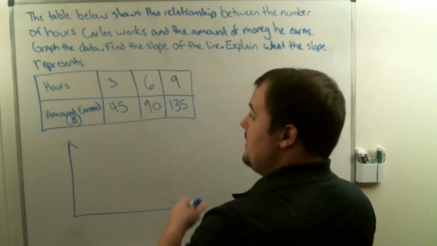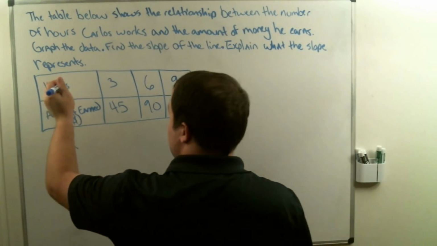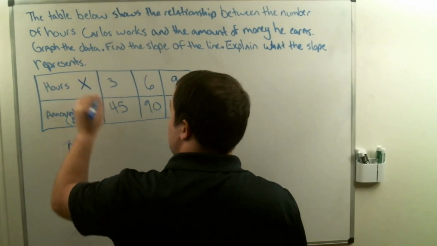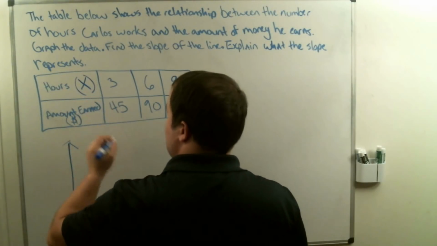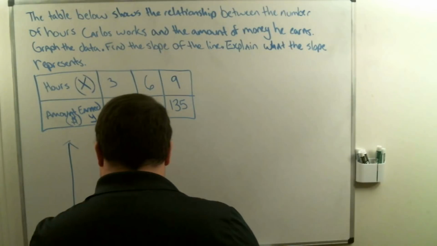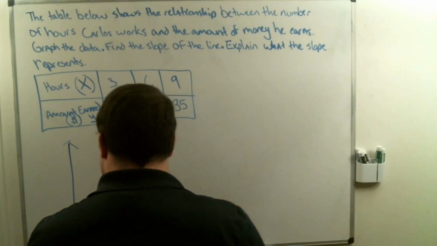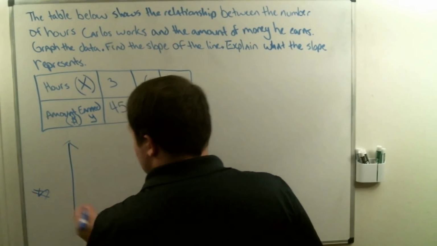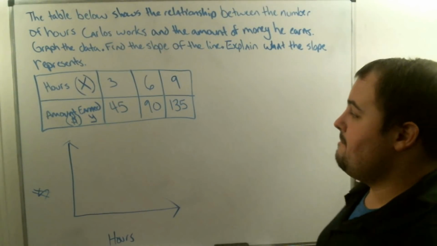Alright, this doesn't have X or Y, but I see hours, and if hours isn't labeled since it deals with time, it's automatically my X value, which means the amount of money he earns is my Y. So I'm going to mark hours, and I'm going to put a money sign on this side that says that's what he's got.